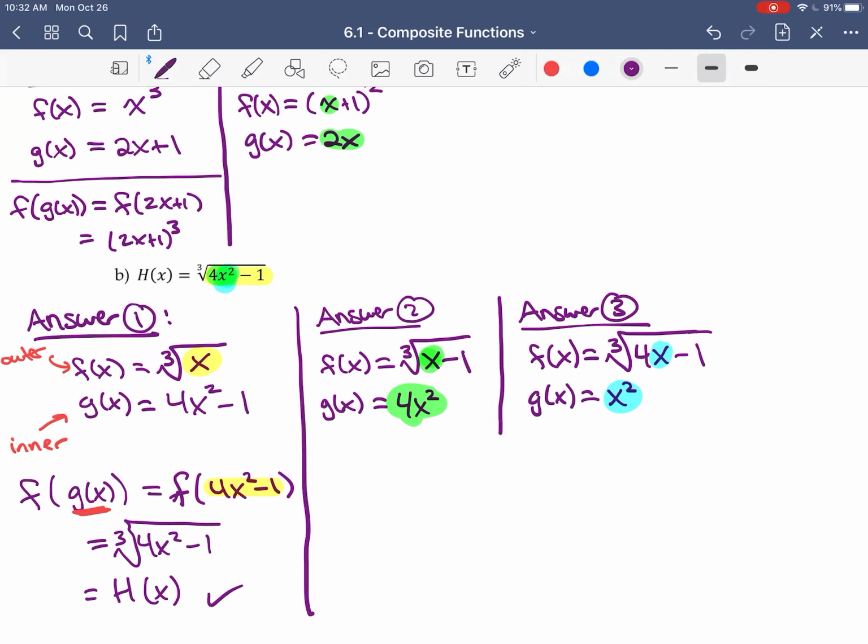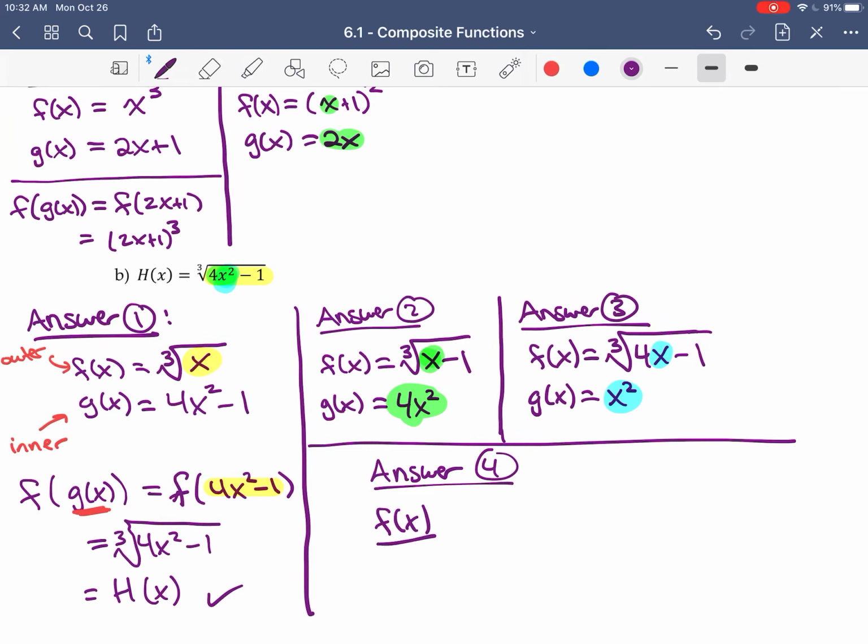In fact, there's more. Okay, now those ones are sort of the most obvious. So this one is a bit weird. Okay, but then there's lots of different ways to do this. So here, maybe I use g of x, so this is a weird one, but I could do 2x, because f of x I could write as the cube root of 2x all squared minus 1.